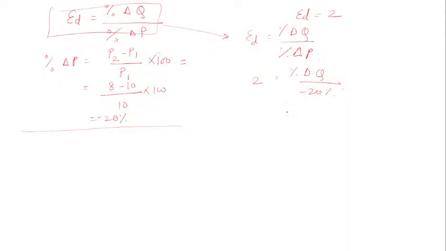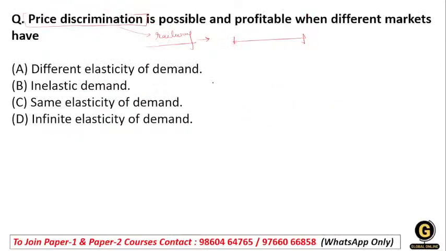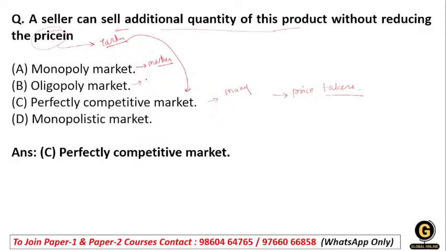So what we'll get? Percentage change in quantity, minus 2 in only the market. So also many sellers offer a differentiated product and the firm may lower the price to attract the buyer, isn't it?